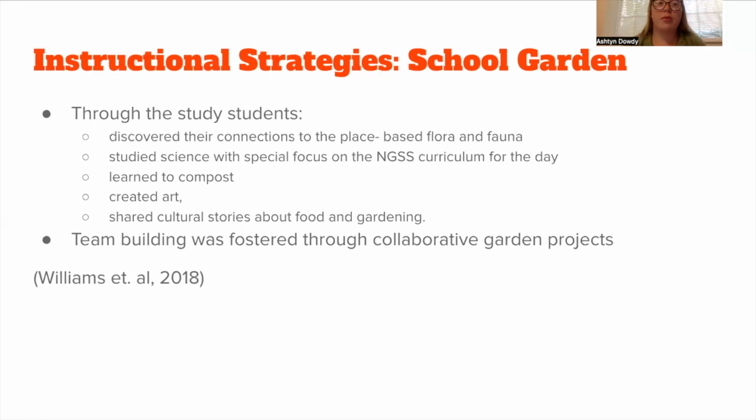They learned how to compost, they created art, and they shared cultural stories about food and gardening. So again, not only were there some science connections here, but it also ended up being a lot of cultural and social interactions that occurred through this study as well. One other thing, again, team bonding was fostered through these collaborative garden projects.